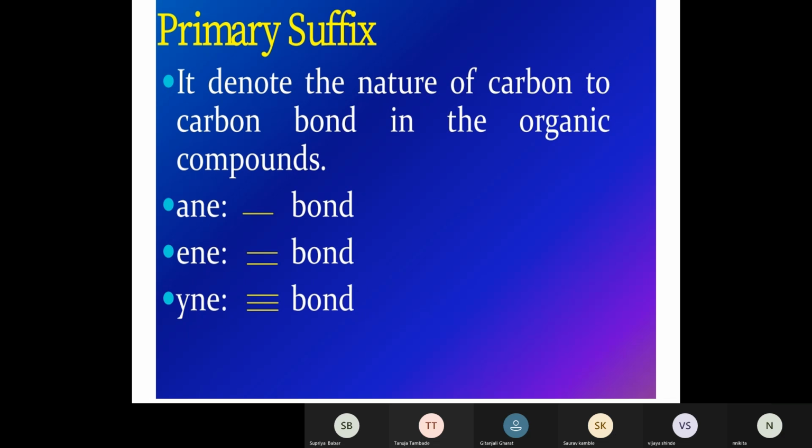So like this, the primary suffix, like ane, ene, yne, depends on the type of carbon-carbon bonds present in that organic compound. For a single bond we use ane. If it is a double bond, then we use ene. If it is a triple bond, it is an alkyne, so we use the primary suffix yne.